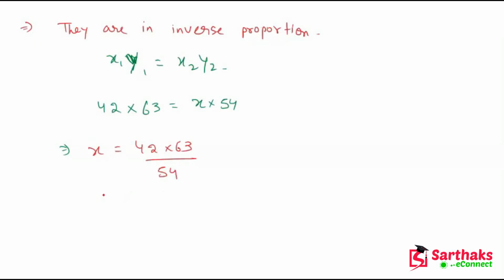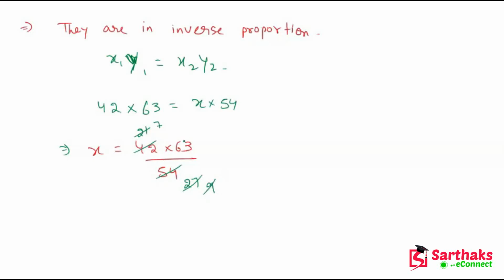We can divide 54 by 2 to get 27, and we can divide 42 by 2 to get 21. Again we can cancel 27 by 3 to get 9, and we can cancel 21 by 3 to get 7.